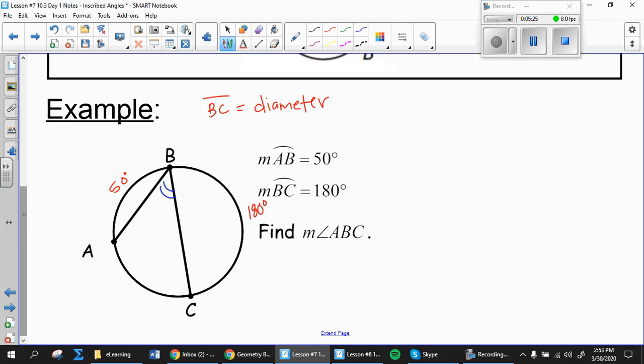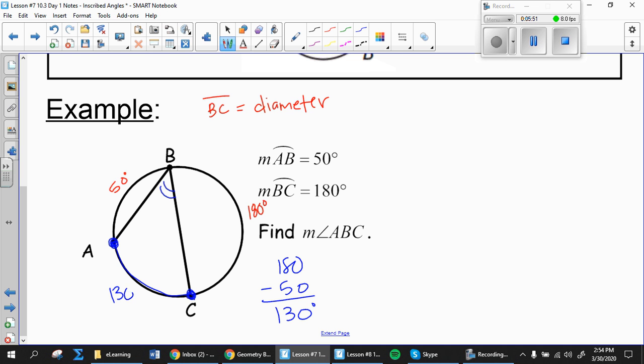The first thing we're going to need to do is find out what this intercepted arc is right here, from here to here. Well, remember, two ways you can think about this. The entire circle is 360, or we know BC is a diameter, so we know this half over here has to be 180. So we could take 180 minus the 50 that we already have.